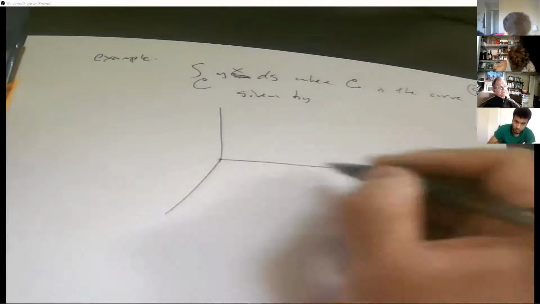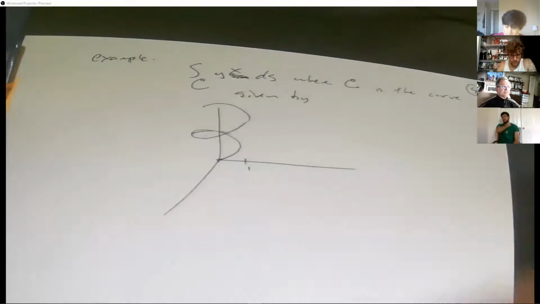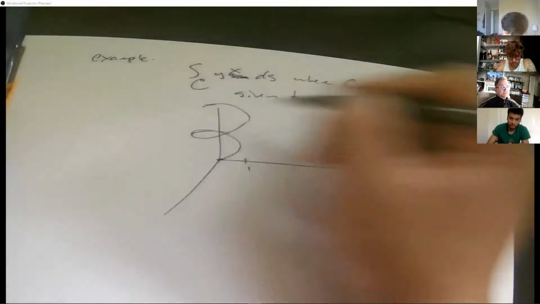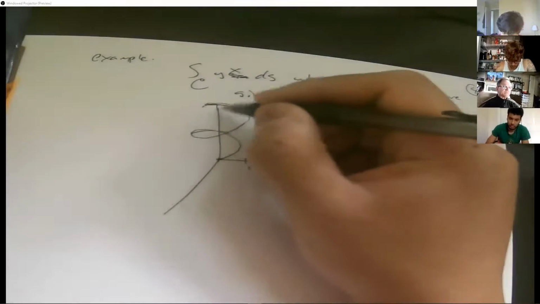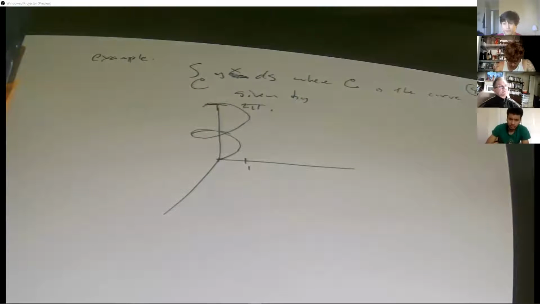Let's try to draw this. It's just a circular helix that goes up, and this goes to pi. Okay. So how do we deal with this?